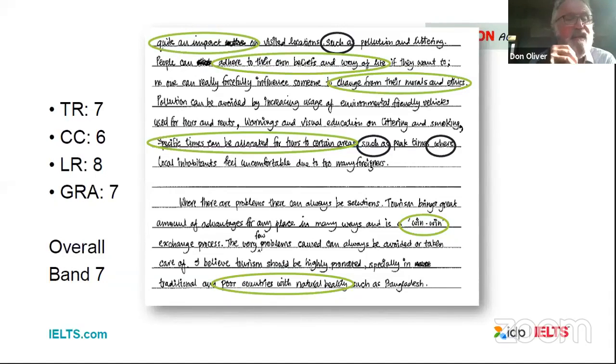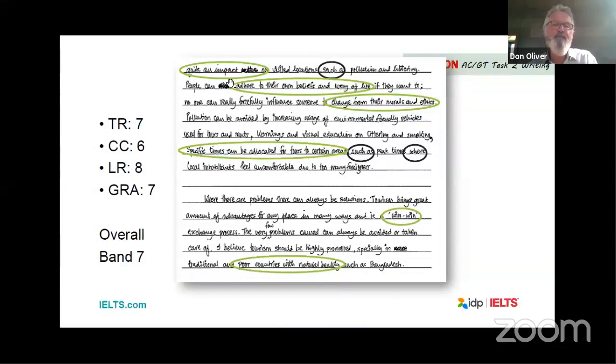Poor countries with natural beauty. All of this is excellent. This person is strong in terms of their vocabulary, but weak in their ability to use pronouns. It's clear what this person must do to improve.